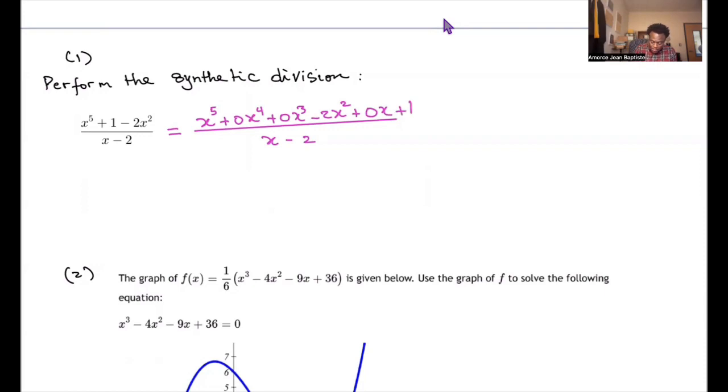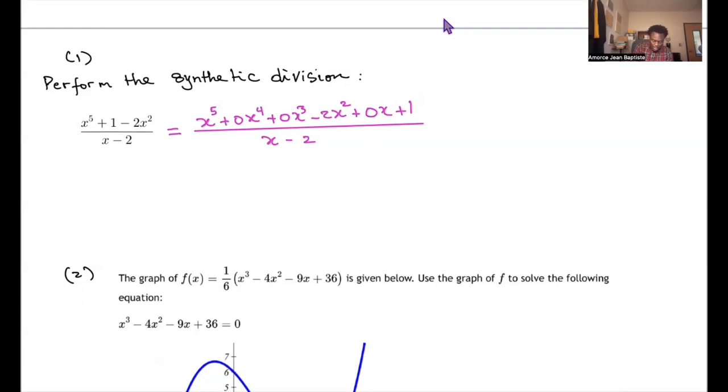That's what we should have seen. But because the other ones were 0, that's why we didn't see them. But before you place them in the form to perform your synthetic division, you must make sure that you have your terms identified.